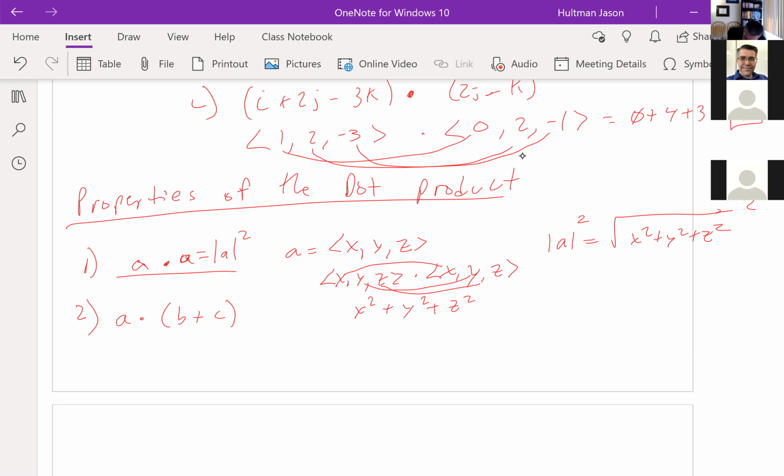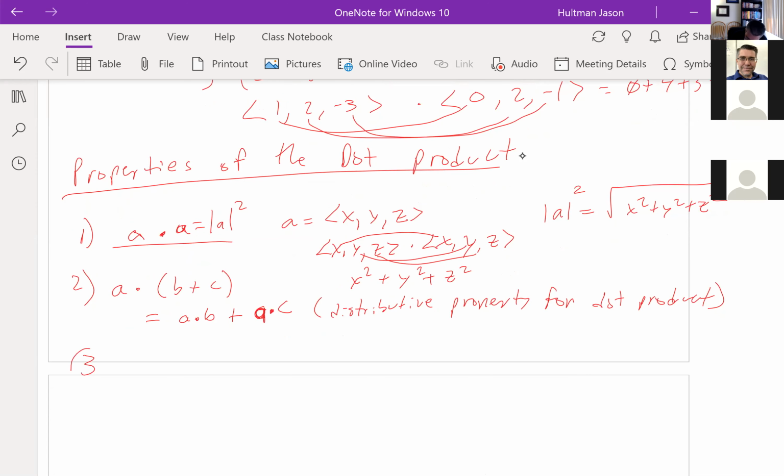So this is equal to A dotted with B plus A dotted with C. So it's kind of like the distributive property for dot product. Kind of the way it works.